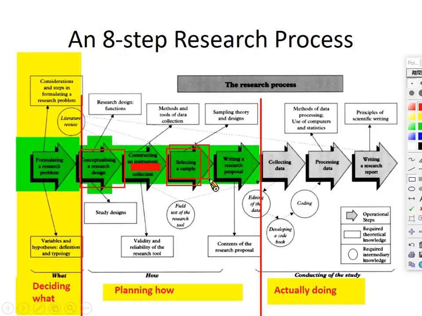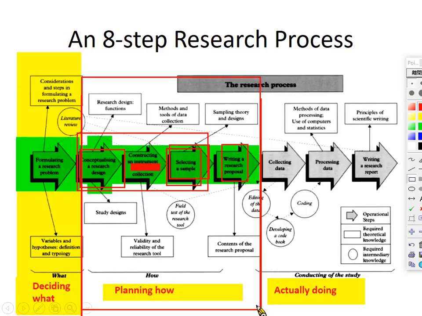So these are the general process. Then the next one is to write a research proposal. The 5th step. So all the process here refers to planning how to conduct your research. So it ends here, a research proposal.